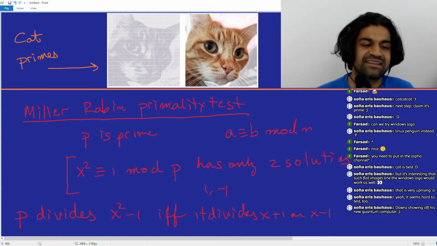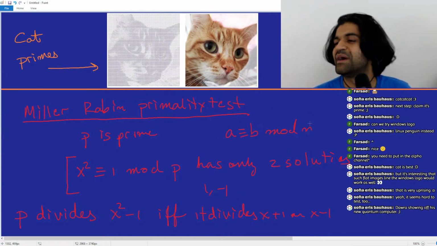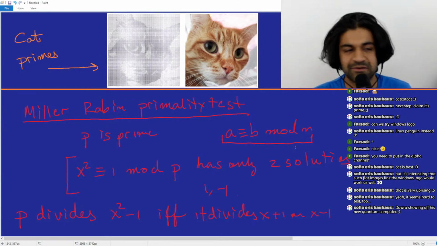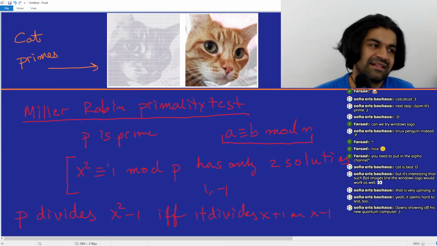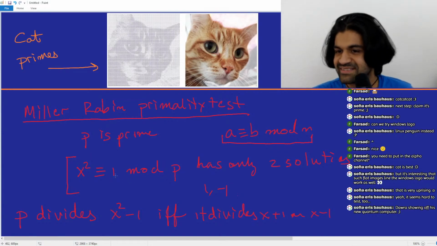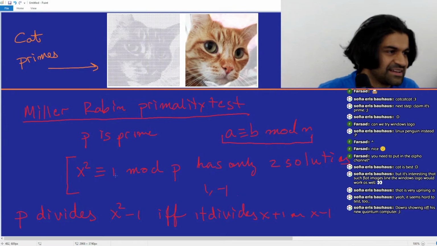Or another way of saying this is that a minus b is divisible by n. So this is just shorthand for a minus b is divisible by n. And so this is saying x squared minus 1 is divisible by p if and only if x plus 1 or x minus 1 is. Not too fancy.